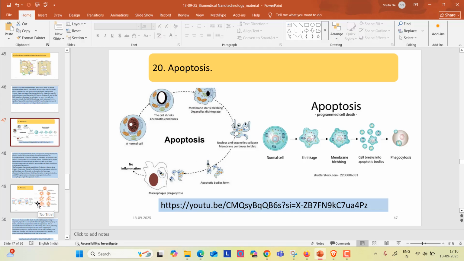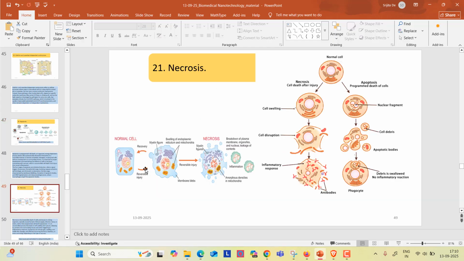What is necrosis? Necrosis is the complete death of the cell, or unnatural death of the cell after injury. So you can see the comparison here. This is the programmed death, and this is the cell death after injury. So here you can see the nucleus is fragmented, but here the cell is swelling. Here it is shrinking and forming apoptotic bodies.